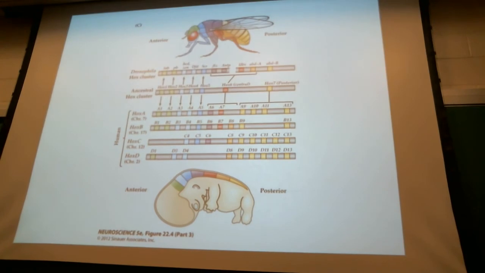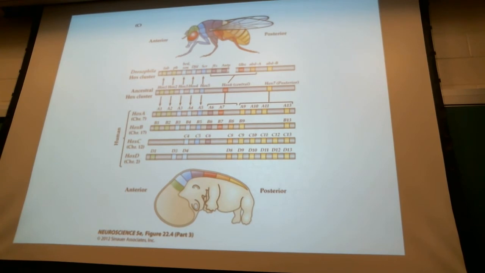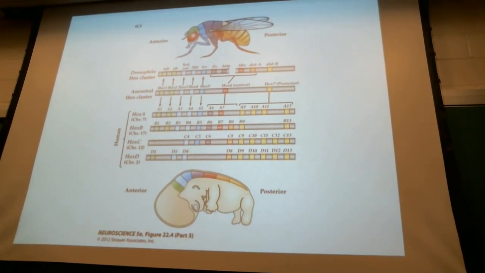it turned out this gene called HOX is regulating. And it was initially discovered in the Drosophila. So when you're looking at the Drosophila gene, they encounter this repeated DNA sequence. It comes again and again and again. And they call it homeobox.